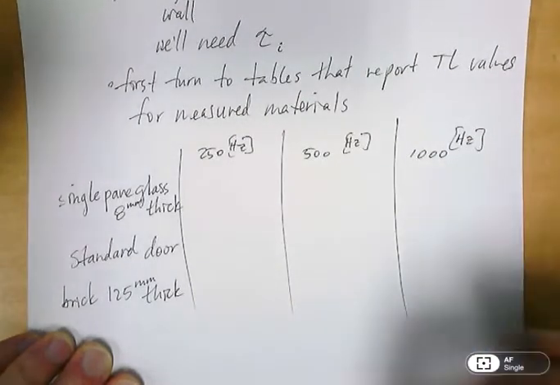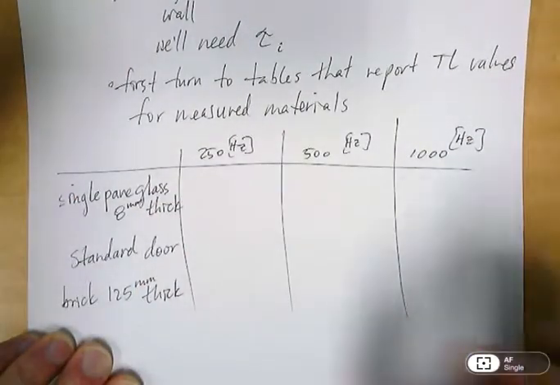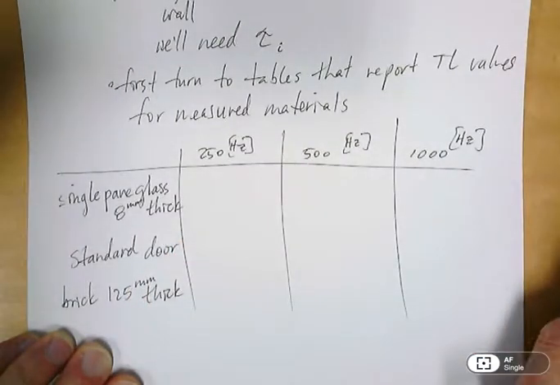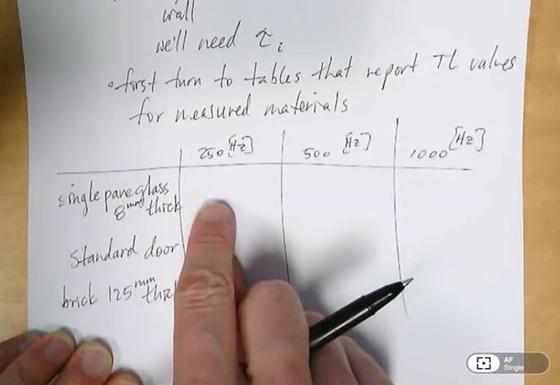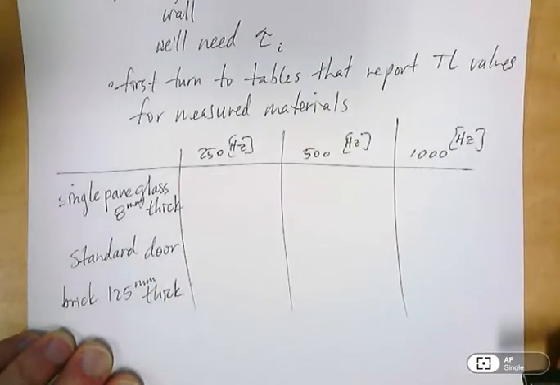And what we'll do is write out our TL value, and then we'll need to compute the corresponding transmission coefficient for that contribution.